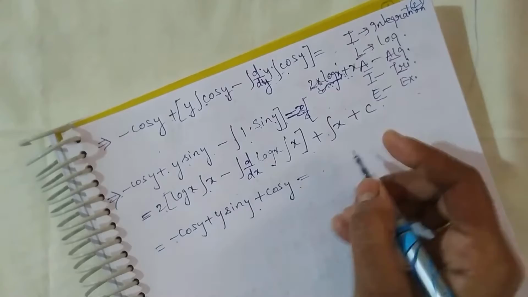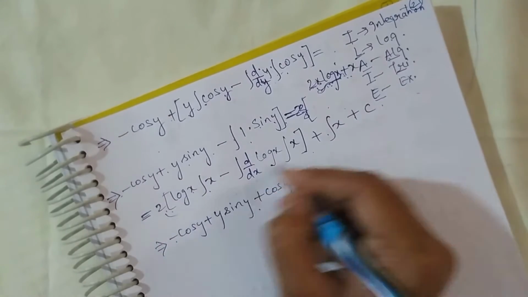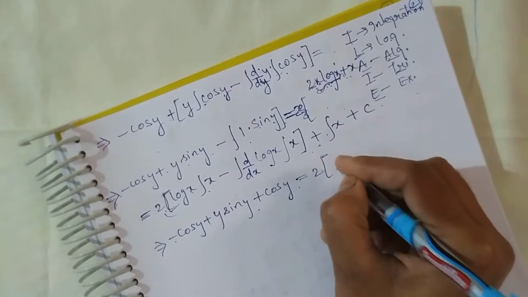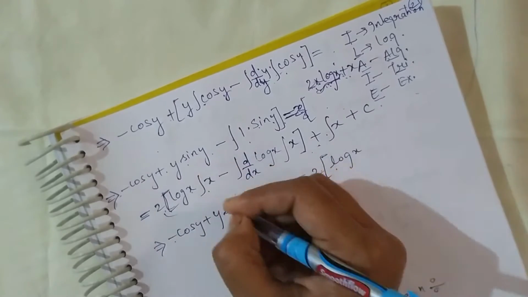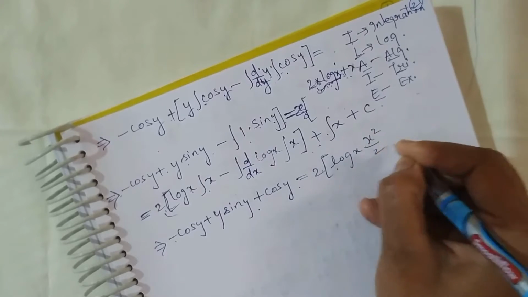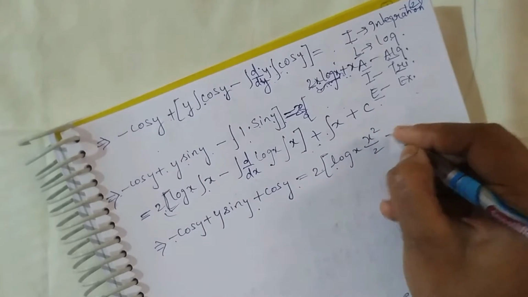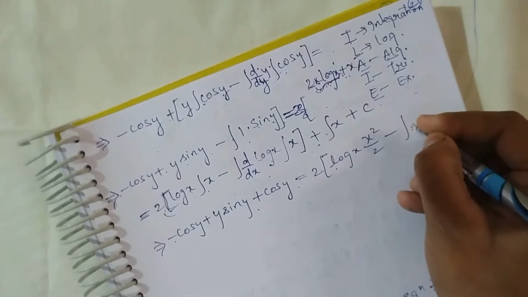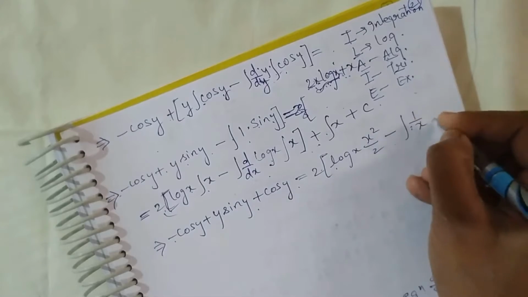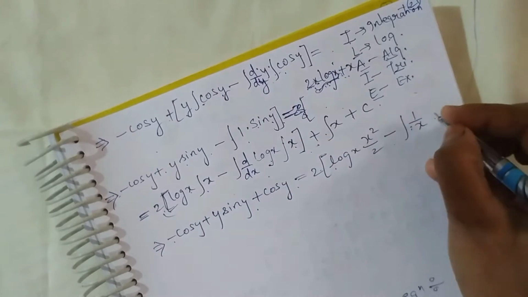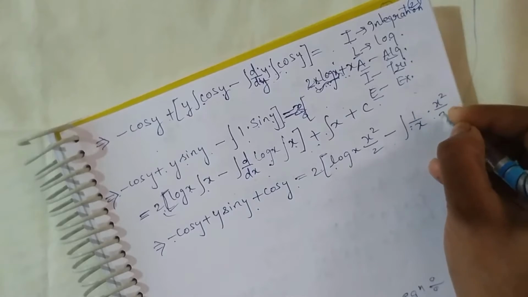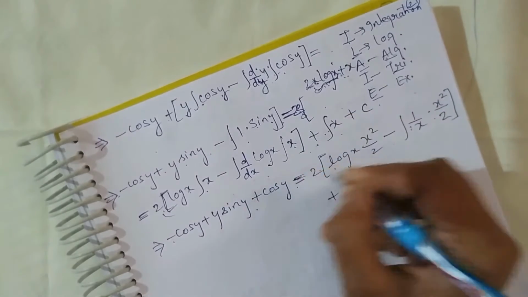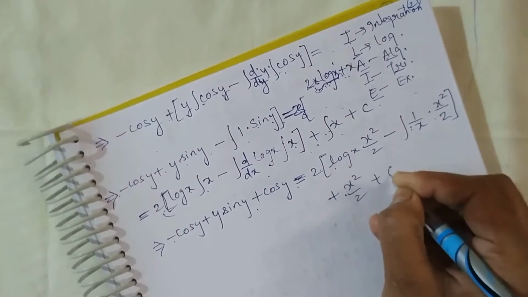Equals 2 times, on opening the bracket, log x times the integration of x, which is x square upon 2, minus the differentiation of log x, which is 1 by x, times the integration of x, which is x square upon 2, plus c.